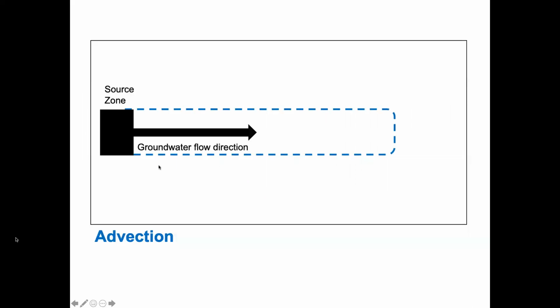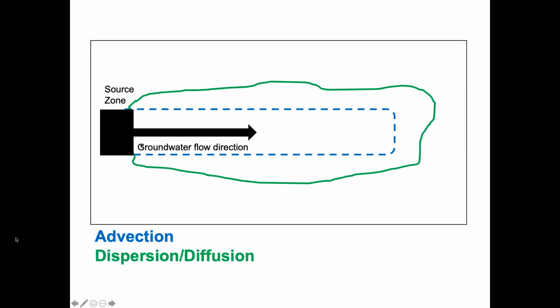So if we think about the different processes that are taking place, we have groundwater flow moving left to right on this page. If we only imagine it as advection from a constant source, we might imagine it like this in the blue dotted line. If we add in the idea that water is going to move from areas of chemically high concentrations to low concentrations, that's going to be our diffusion, and that it's going to take different pathways, not the average linear pathway, but it's going to move according to pore geometry, which is going to be our dispersion, we'll end up with something that looks more like this.